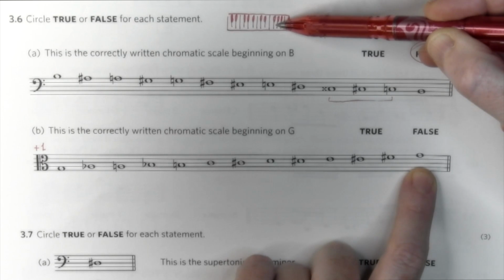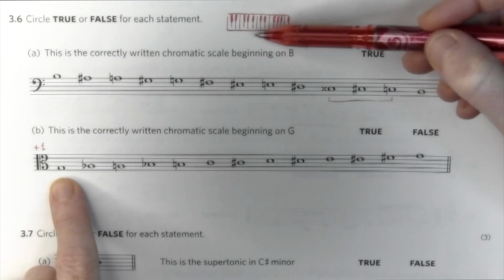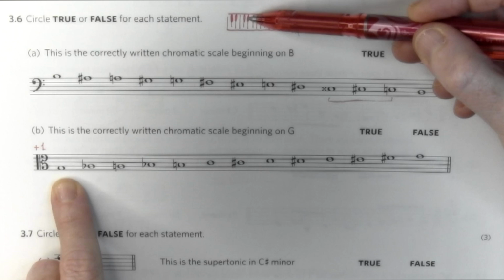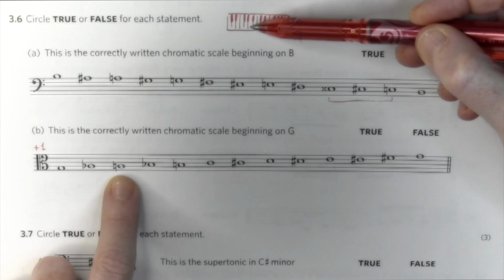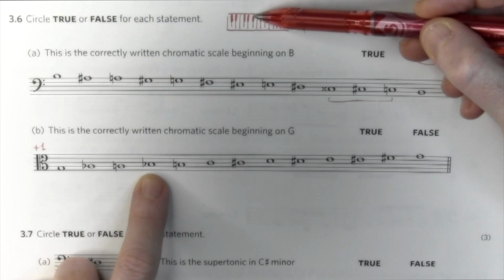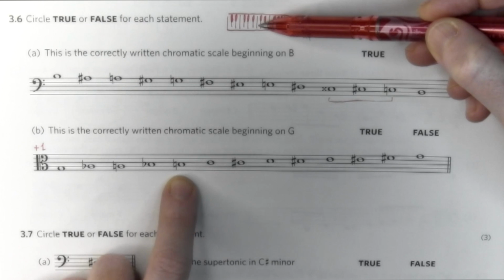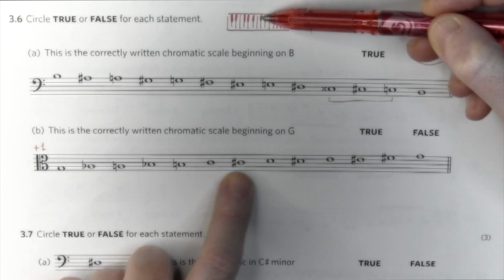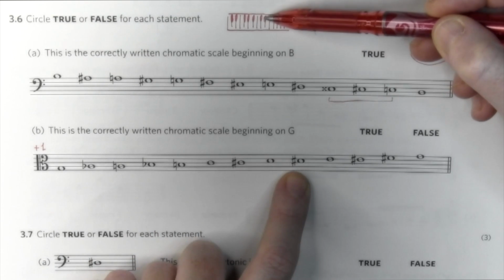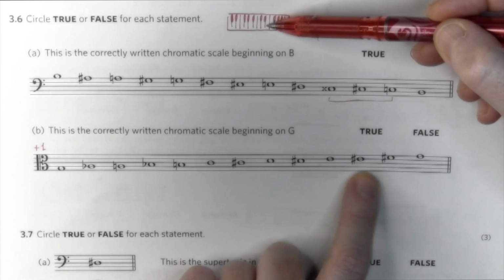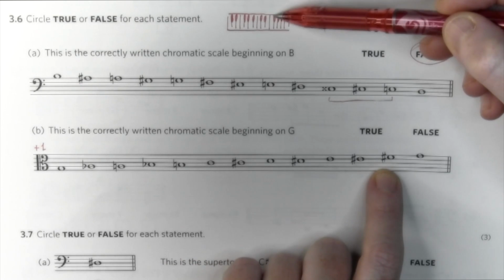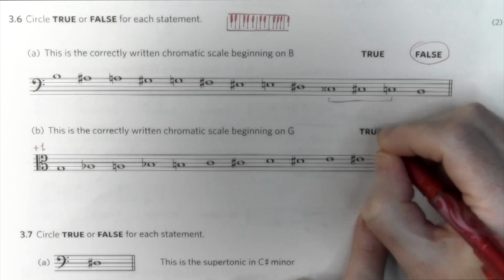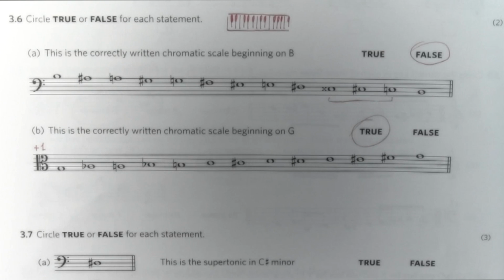I think this is correct. Let's do that again, just in case. Sol, la flat, la natural, B flat, B, do, do sharp, re, re sharp, mi, mi sharp, fa sharp, sol. Confirmed. This is correct. Yay!